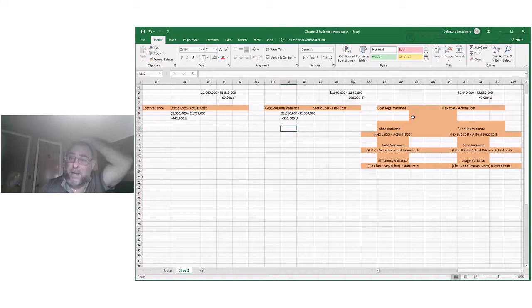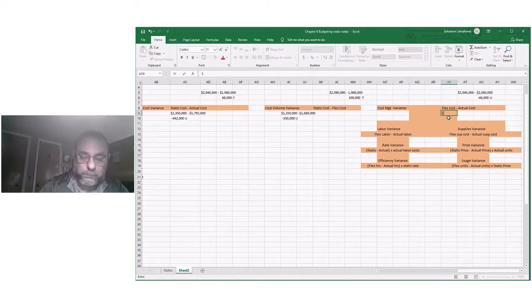And if we look at cost management variance, flex cost minus actual costs, 1,680,000 minus 1,792,000. That would give us 112,000 unfavorable.